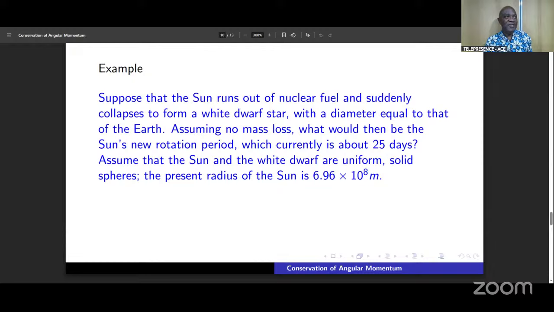So at the end of this example, you'll be surprised how small compared to 25 days the new period will be if what we said happens. That is, if the sun suddenly runs out of nuclear fuel and collapses to form a white dwarf star.